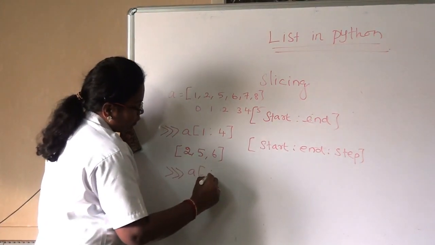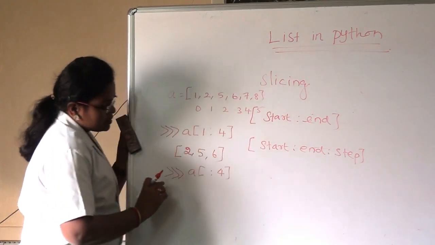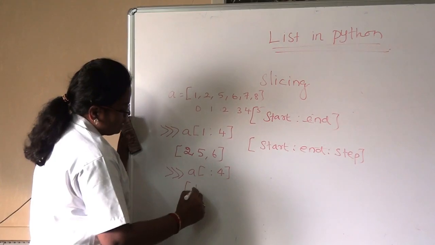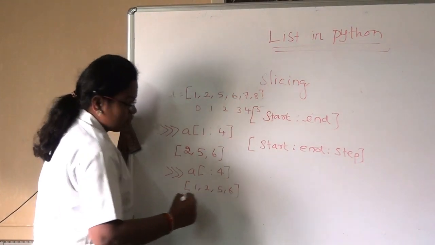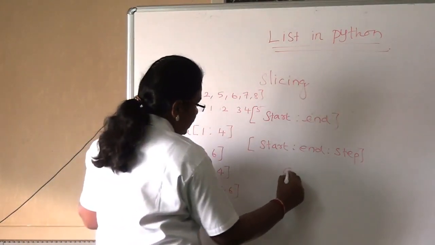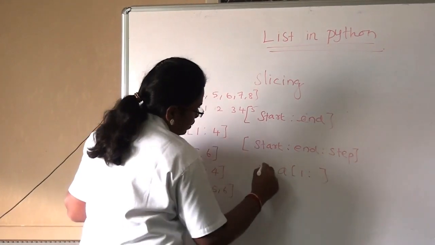If I want to fetch from the start up to a limit, I can give A of colon 4. It will start from the 0th element up to the 3rd element. So the answer is 1, 2, 5, 6. I can specify from a start element, for example, A of 1 colon up to the last element.